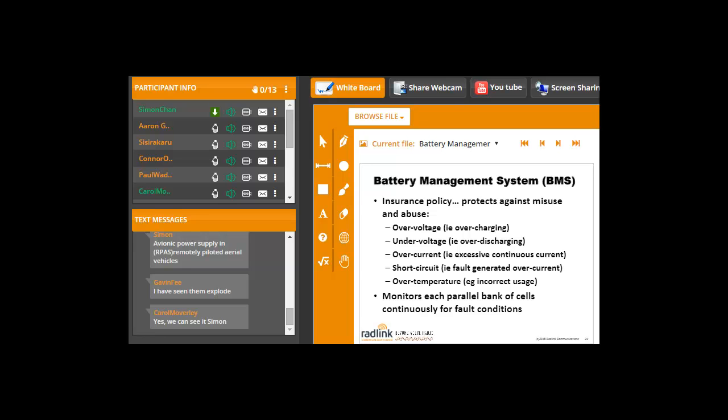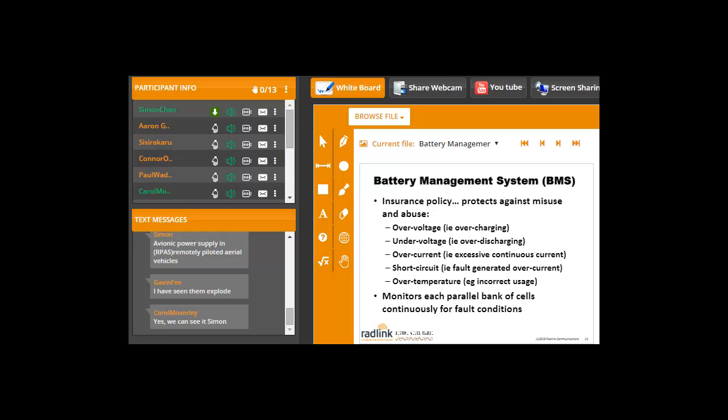So the BMS protects the individual banks of cells from overvoltage. It also stops the cells from discharging when it reaches the 100% depth of discharge mark. Not only that, if there's a sustained overcurrent condition, excessive continuous current, the BMS will also kick in. There's short circuit protection for instantaneous faults generated by a short circuit.